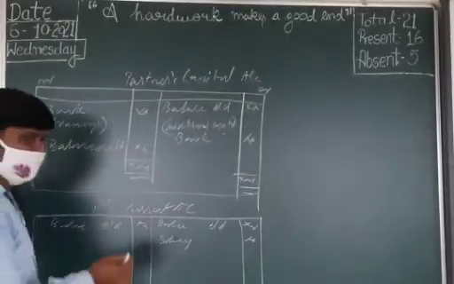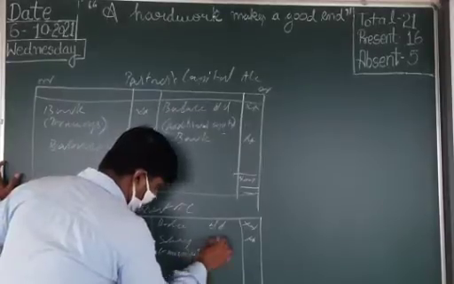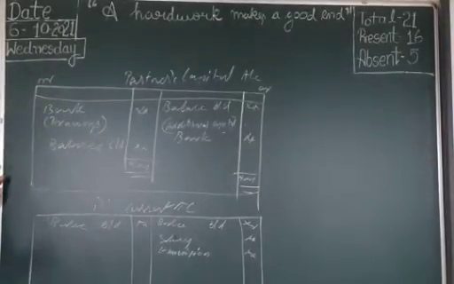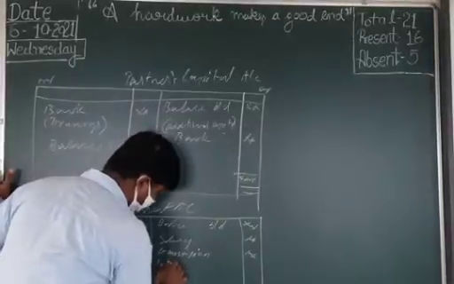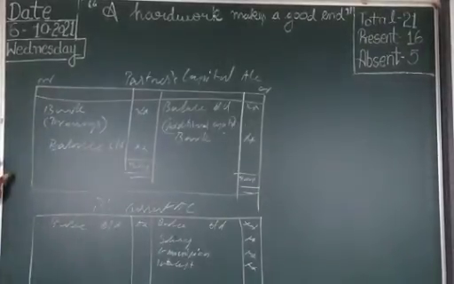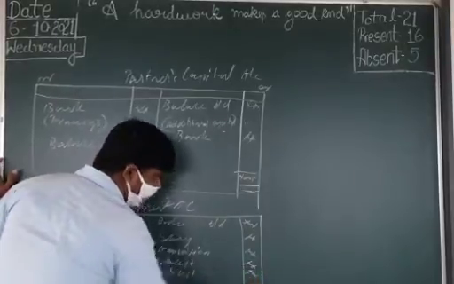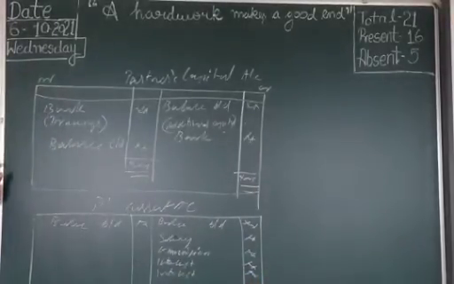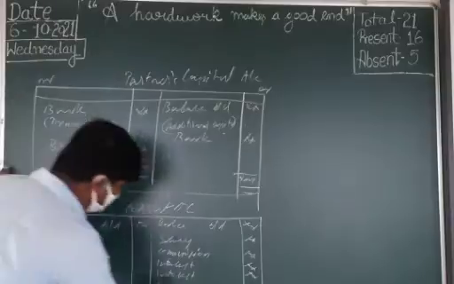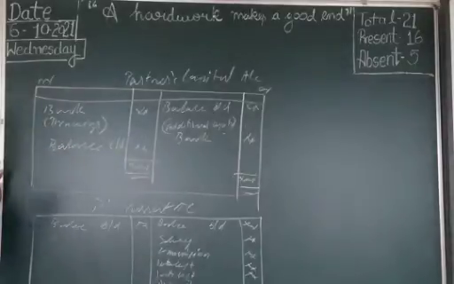If there is commission to the partner, commission. Then interest on loans and advances, interest on capital. Then any other item? Profit and loss appropriation account.